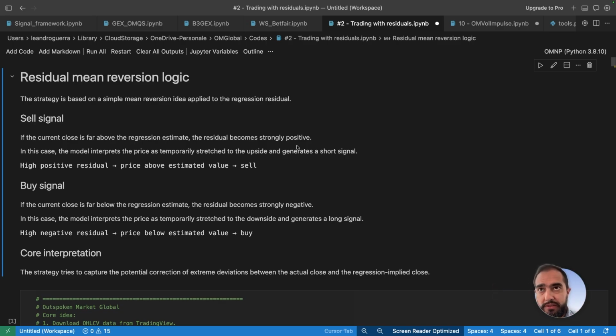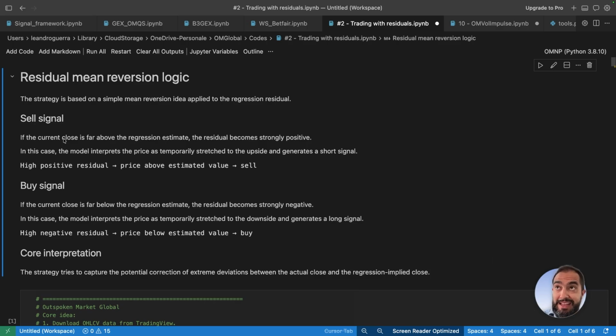What we want to understand and to capture is a potential correction of an extreme deviation between the actual closing and the regression implied close that we have estimated, right? So this is the key idea. And then you will buy or go short depending on the signal that will be generated by the model.